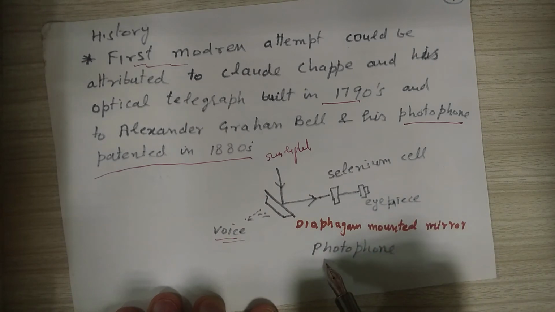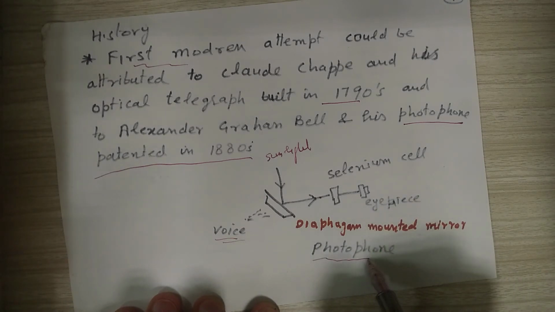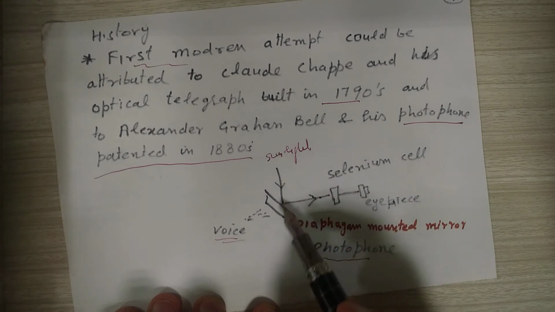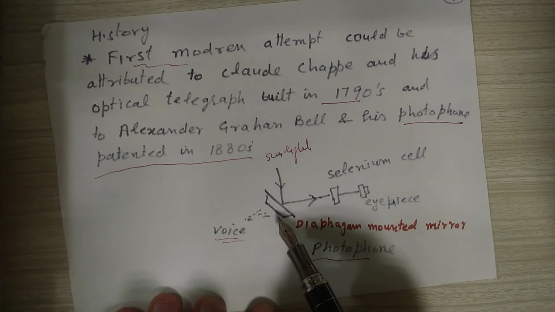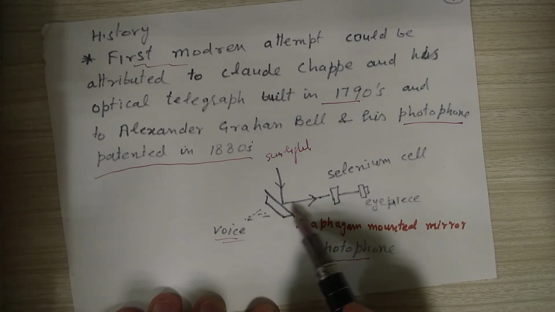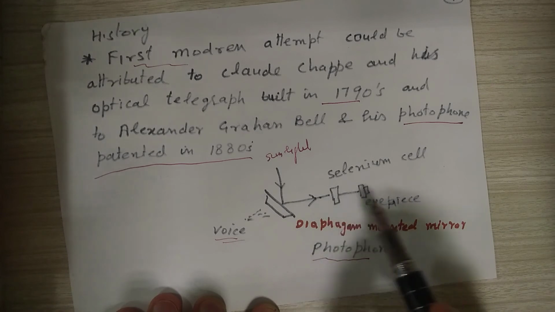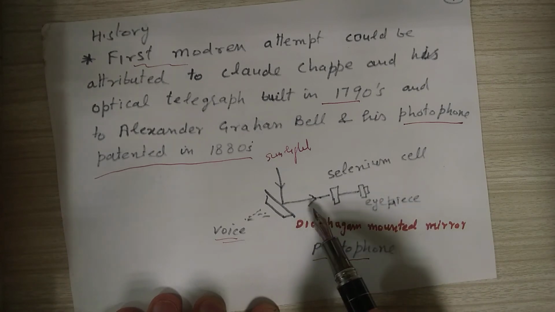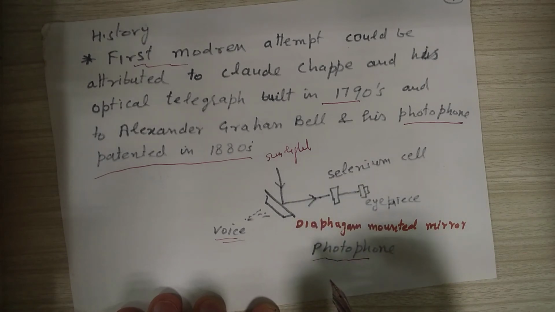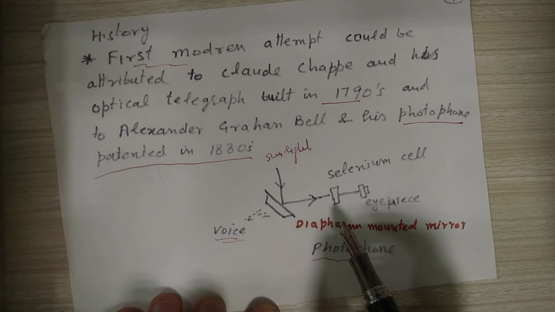So what they did in the photophone, which at the time they named photophone, they took light here, and this voice, this is the carrier sunlight, and they superimposed on this, and they tried to send the signal with the help of light.